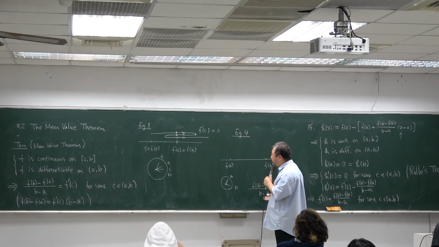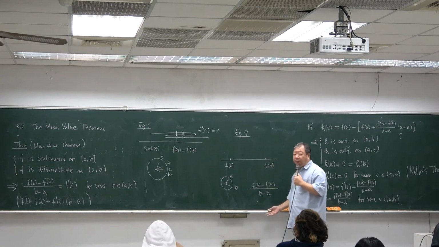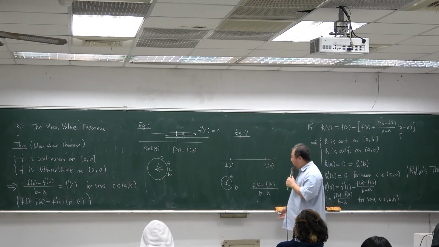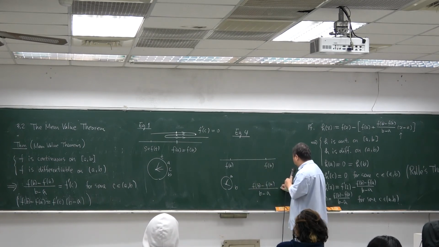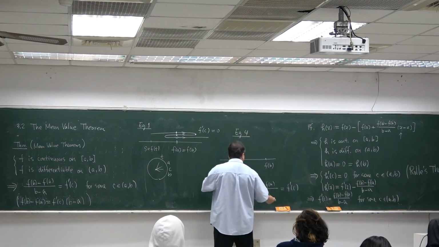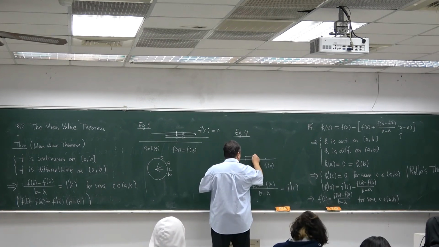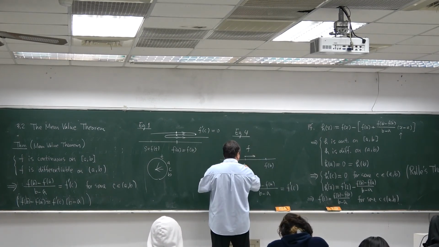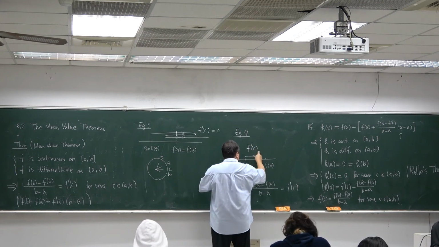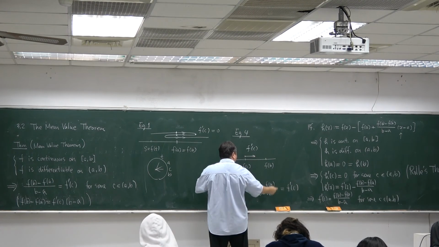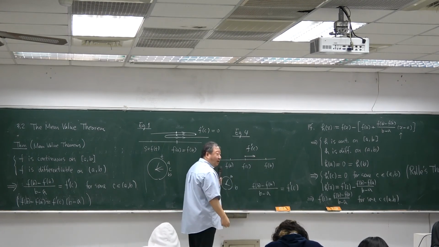This is the average velocity. Then according to the mean value theorem, there must be some time at which your instantaneous velocity is exactly the average velocity.